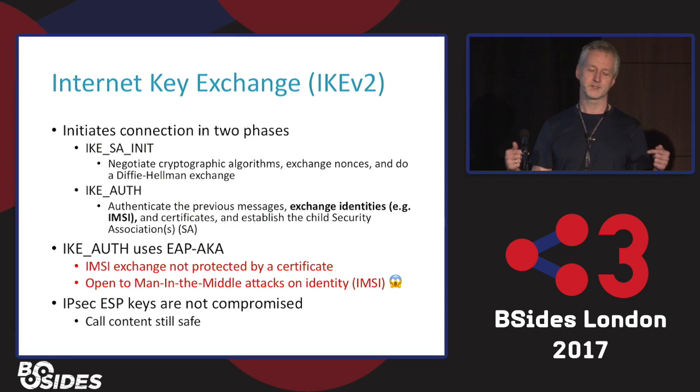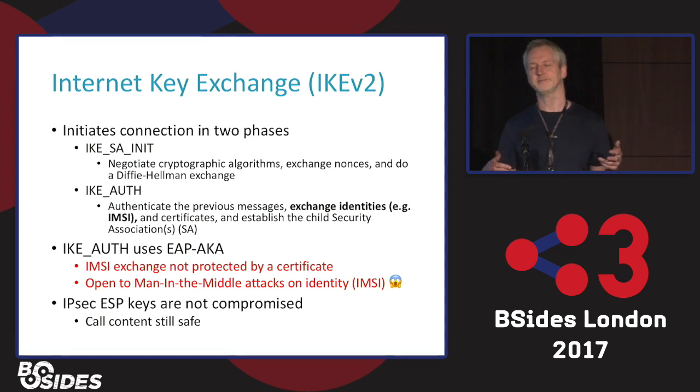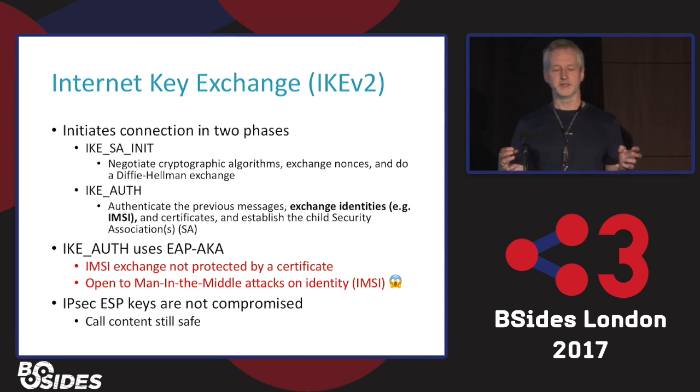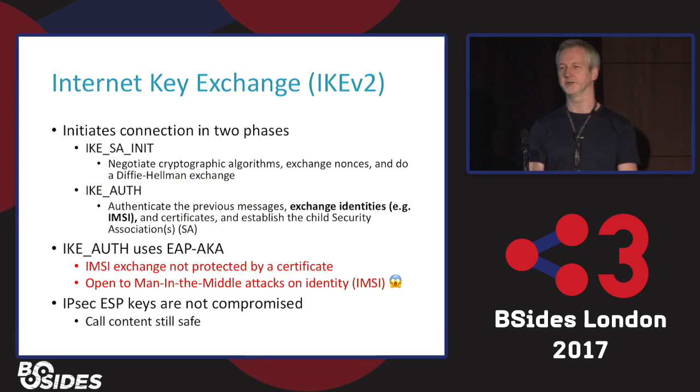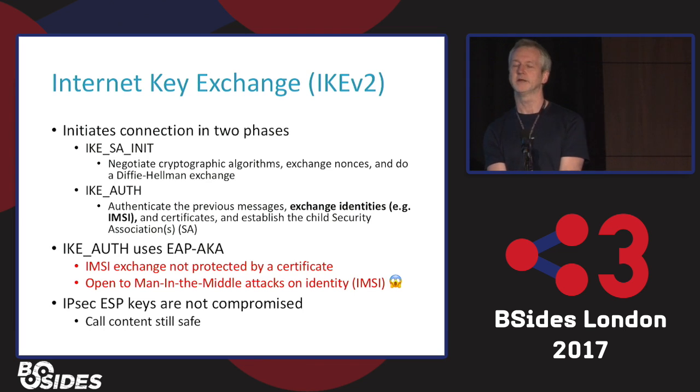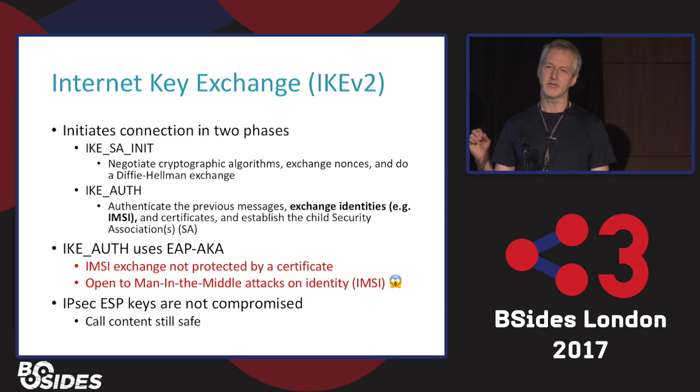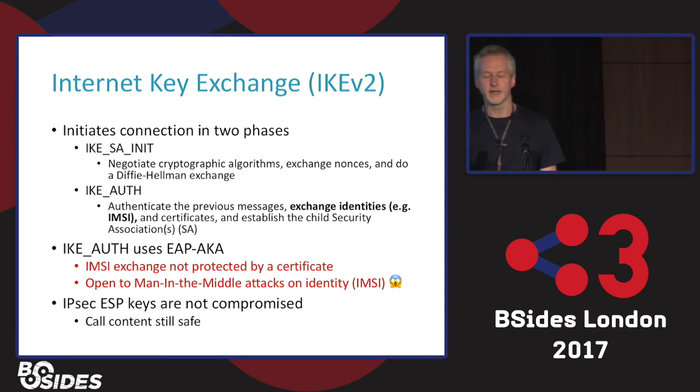And then the IKE auth stage is encrypted using these Diffie-Hellman keys. And this exchange, the IKE auth exchange, contains the IMSI. It performs the IPACA protocol in the IKE auth phase, exchanging the IMSI there.